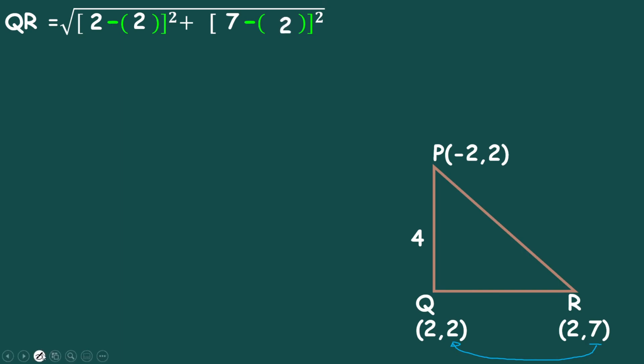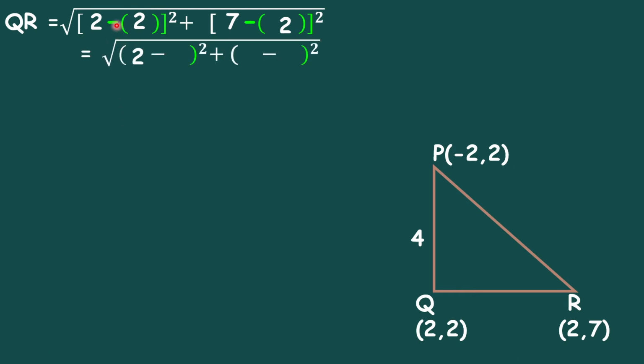Now we simplify. QR is equal to root of 2 as it is, plus into minus becomes minus 2, bracket complete its square, plus 7 as it is, plus into minus becomes minus 2, bracket complete its square.